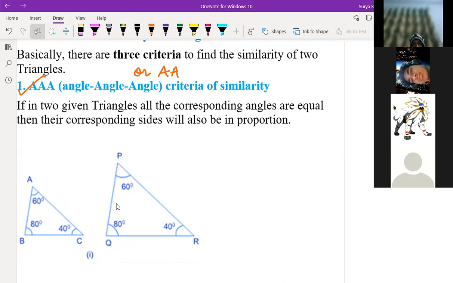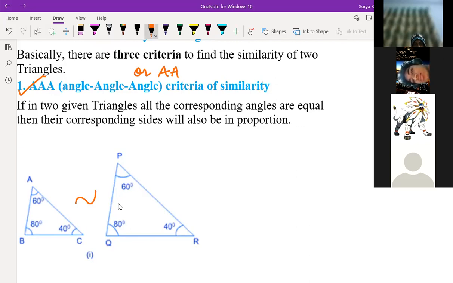If two triangles have at least two angles the same, then both the triangles are what? Similar. So we should not see the sides also, children. Directly by this criterion only we can say that both the triangles are similar by AA similarity criterion.